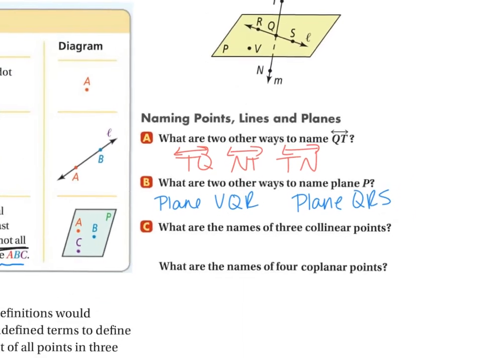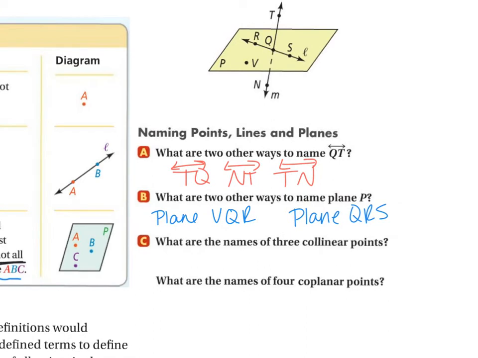All right, what are names of 3 collinear points? Remember that means on the same line. So it looks like we could do a couple different things. We could do RQS, that would be one. R, Q, and S are those points. Looks like you could also do NQ and T, whichever one you see first.